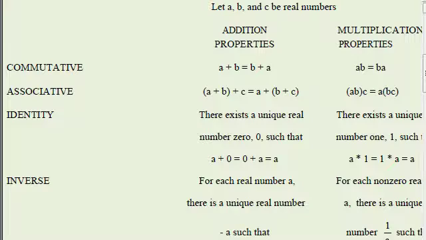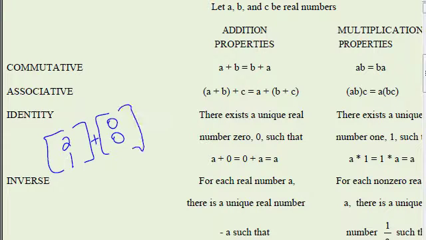In terms of addition, the only way that a matrix can stay the same when you add a matrix to it is that you have your matrix A, let's say it's a 2 by 1, plus 0, 0. Okay? 2 plus 0 is 2, 1 plus 0 is 1.